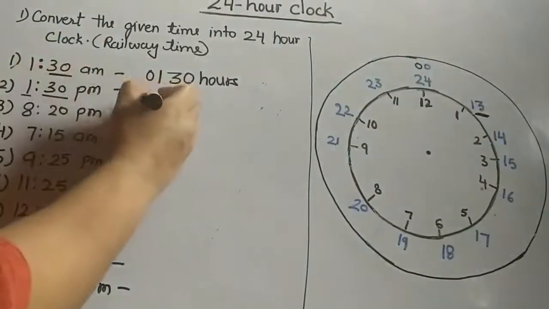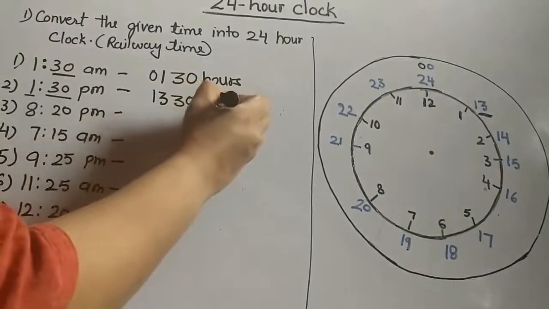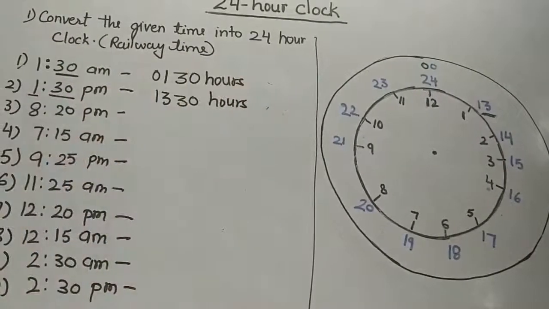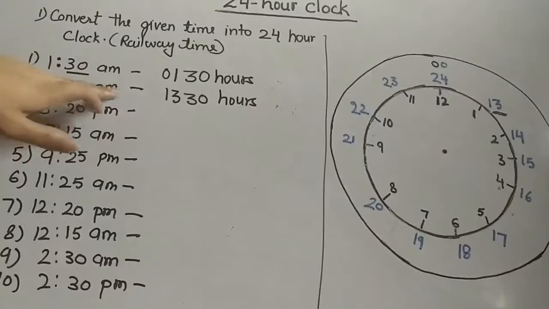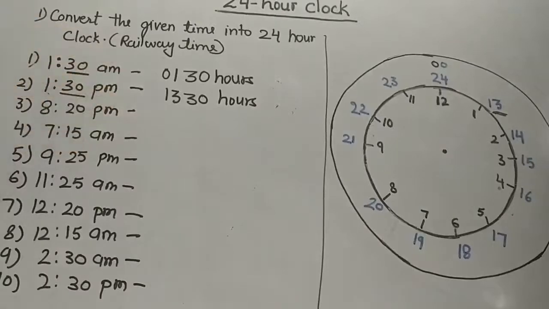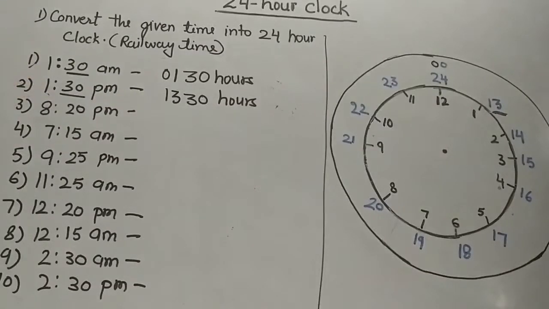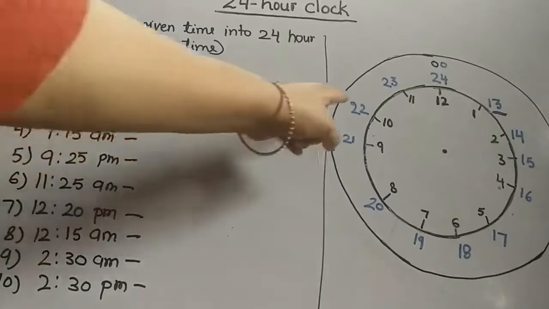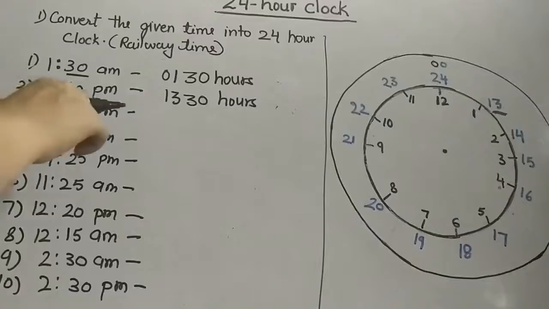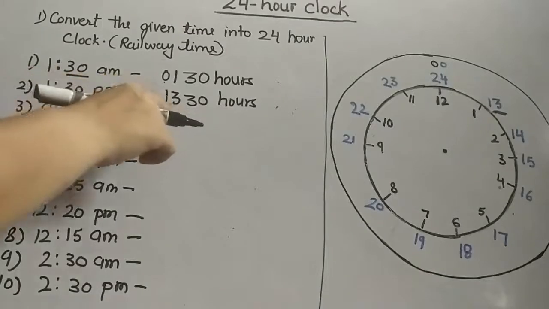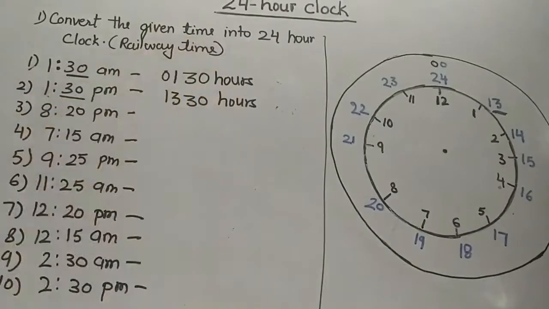So we'll write here 30 hours. This is applicable only when the time is given in PM. So first method, either we can add 12 to the hours or we can see the value in the outer clock. So 1:30 PM is equal to 13:30 hours.